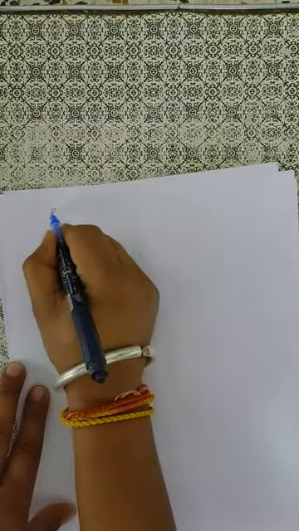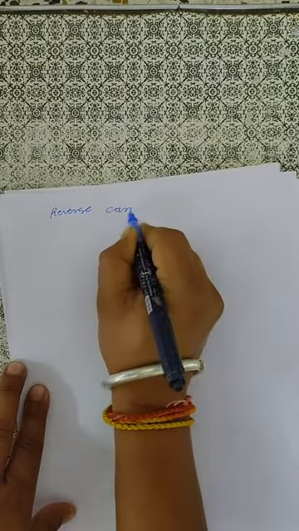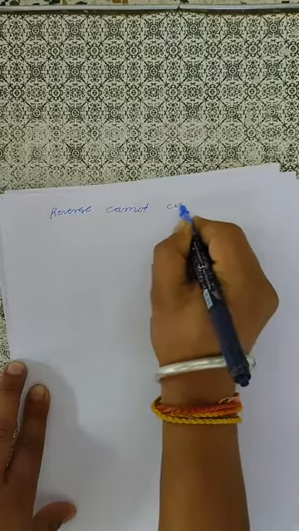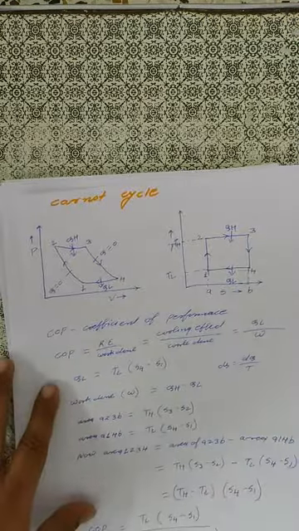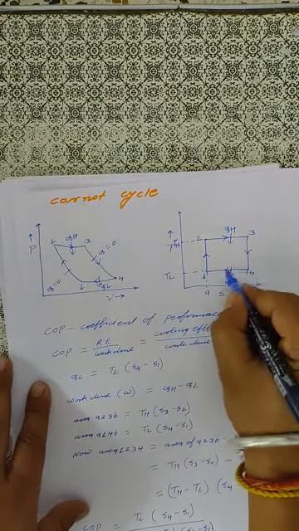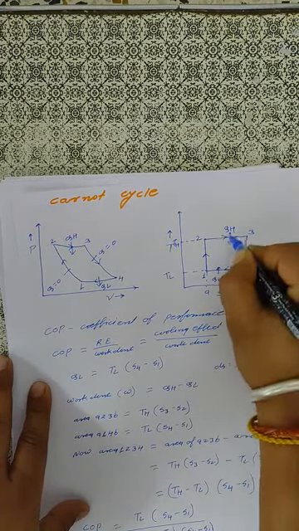Okay. Now here we will discuss the reverse Carnot cycle. Reverse Carnot cycle is nothing but you have to reverse these processes, means here the heat addition and here the heat rejection.